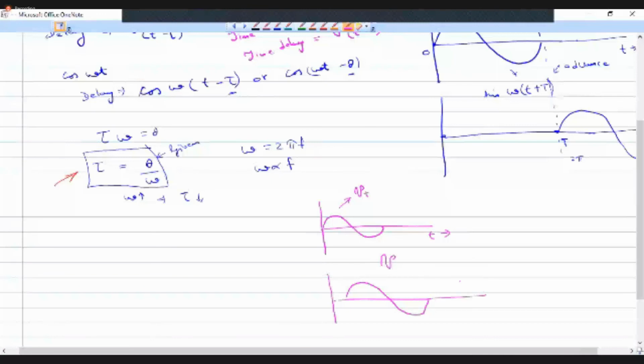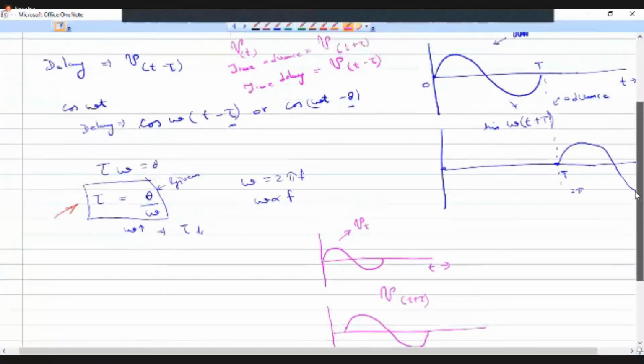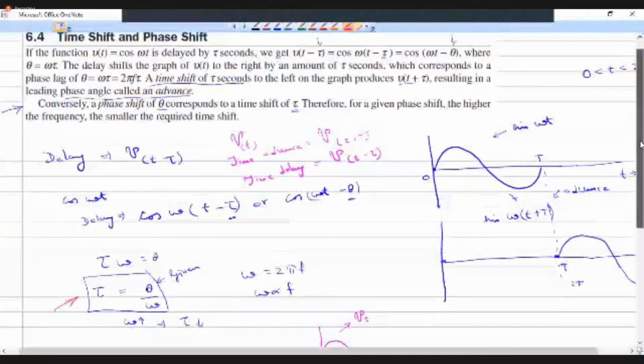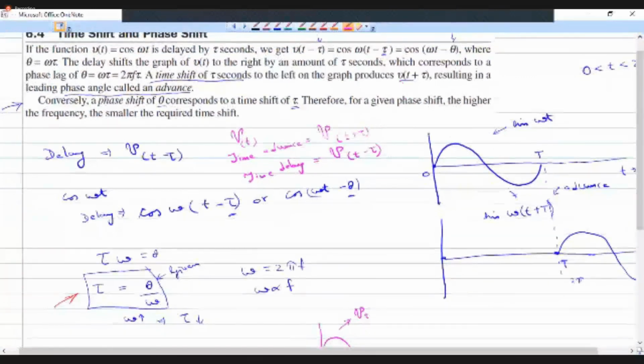I can do V of t plus tau, right? So I am shifting it towards the right hand side. Okay. So here it is written. When you do V of t plus tau, it will result in a leading phase angle, or it is called advancing.